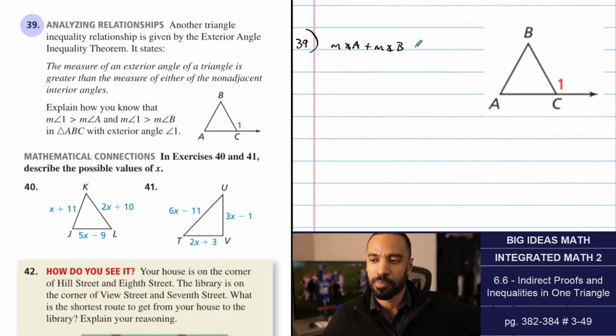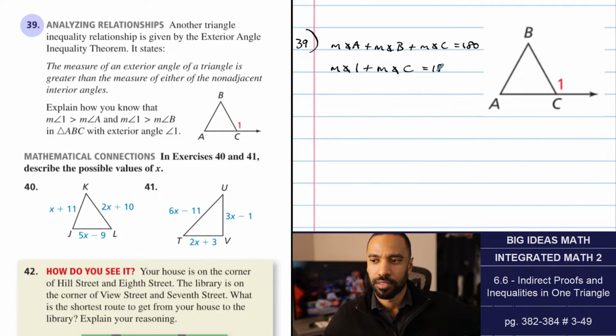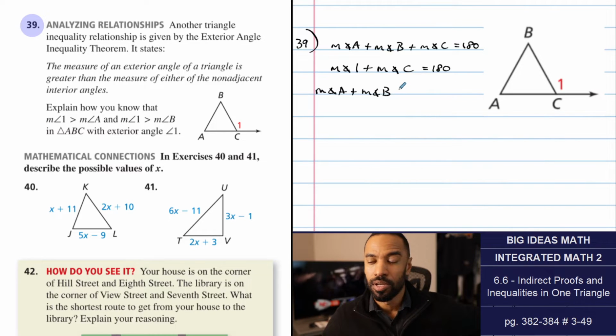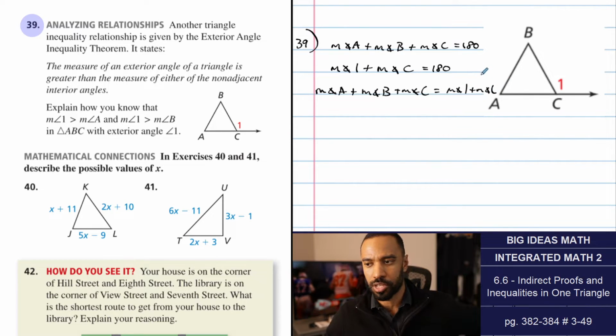Measure of angle A plus measure of angle B plus measure of angle C equals 180. And the measure of angle 1 plus the measure of angle C also equals 180. Therefore, by the transitive property, measure of angle A plus measure of angle B plus measure of angle C equals measure of angle 1 plus measure of angle C. They have to equal each other because they both equal 180.